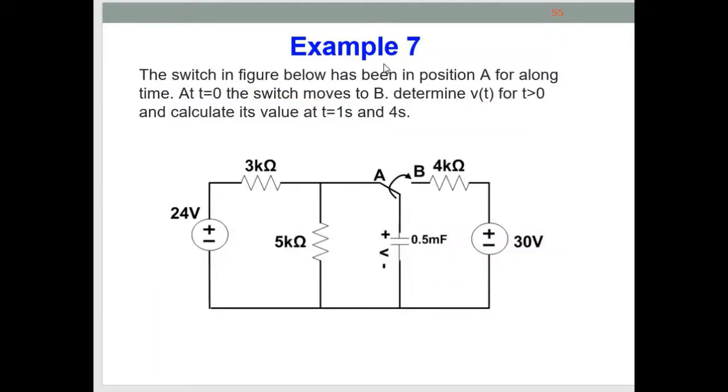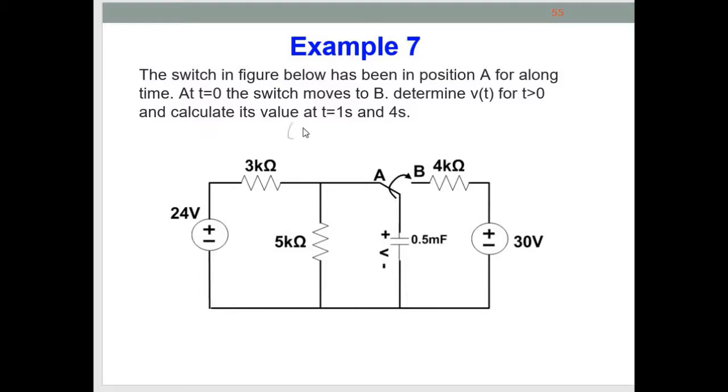Let's see example 7. The switch in the figure has been in position A for a long time, and at t equal to 0, the switch moves to B. Determine V(t) for the capacitor for t more than 0, and calculate V at 1 second and V at 4 seconds. First, we can divide this circuit into two conditions.